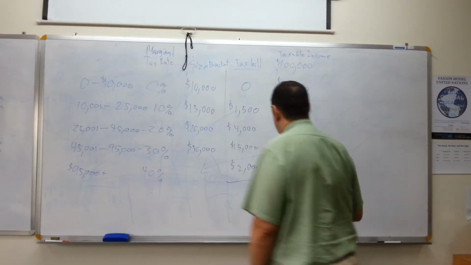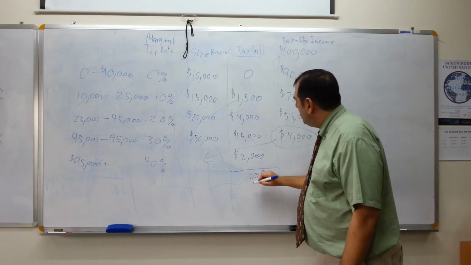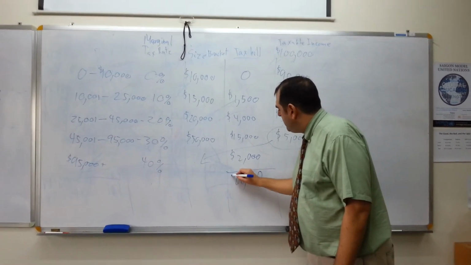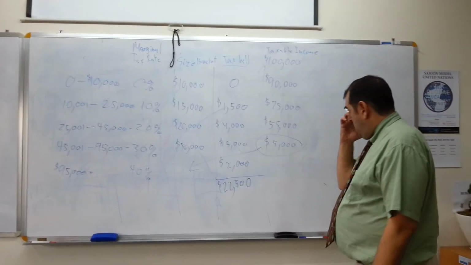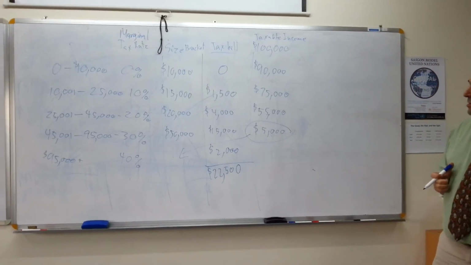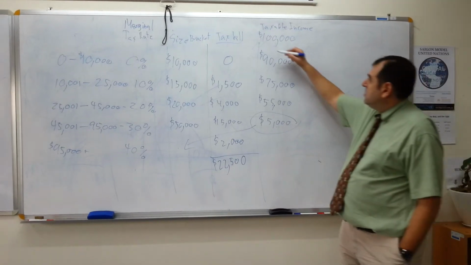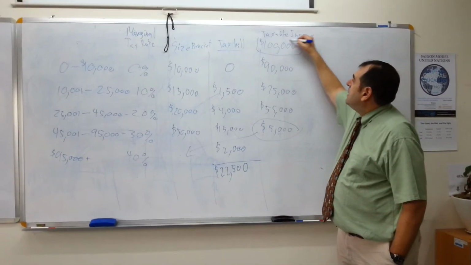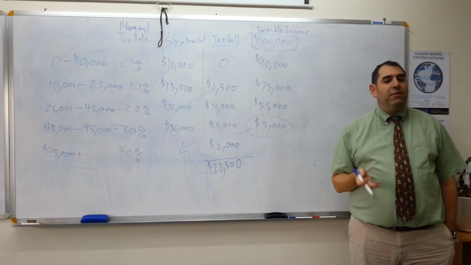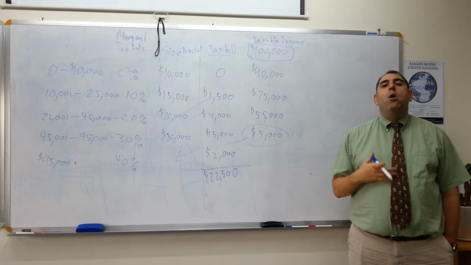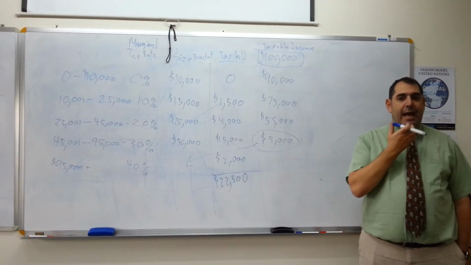So we add it all together and we get $22,500. Okay, so $22,500 out of $100,000. Now what the question was asking, though, was what is the average tax rate? So in order to figure that out, what we want to know is what percentage of his income he is paying in tax.